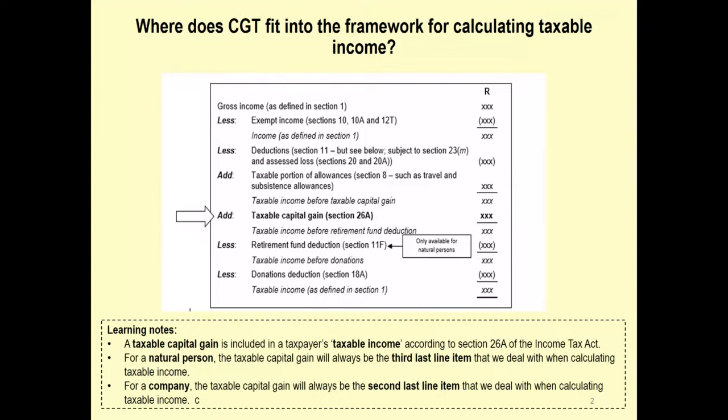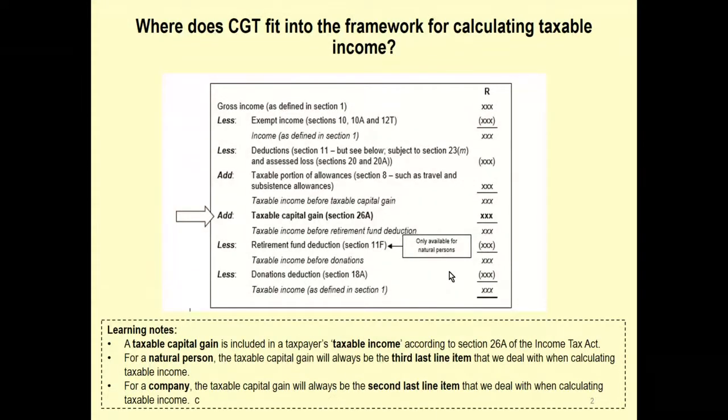The issue is the last few elements on the framework. As long as those are always treated correctly, for example, 18A is last, retirement fund deductions for natural persons is second last, and then taxable capital gains is third last, you won't have any problems in future. The order of those is important because we use certain amounts before then to do their calculation.